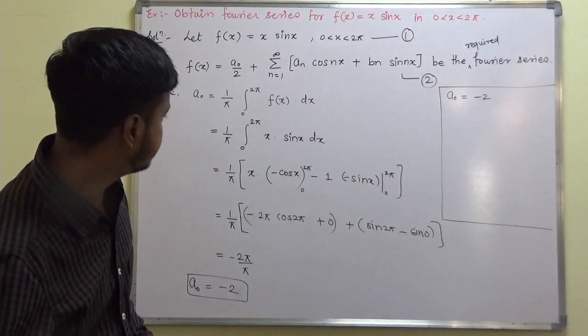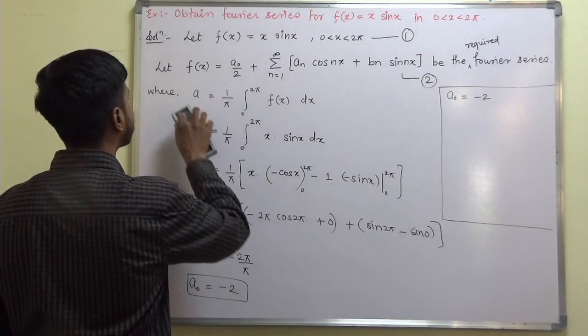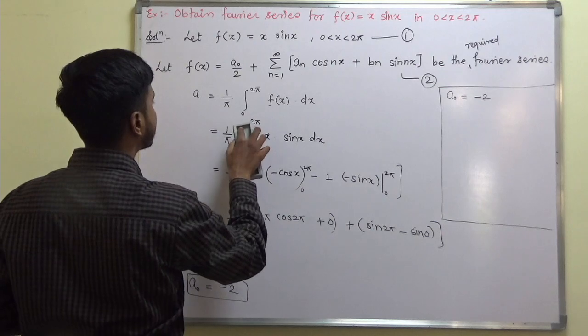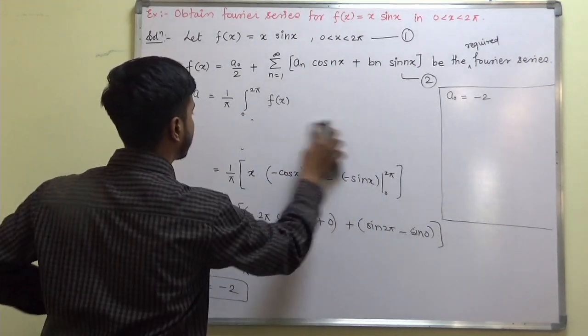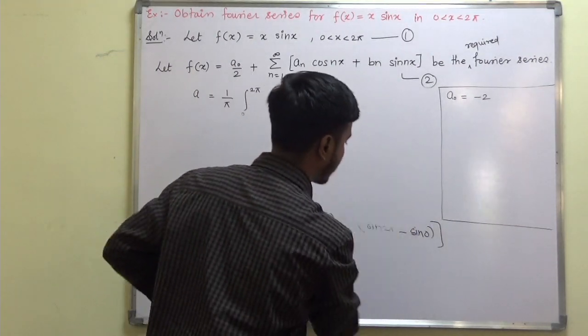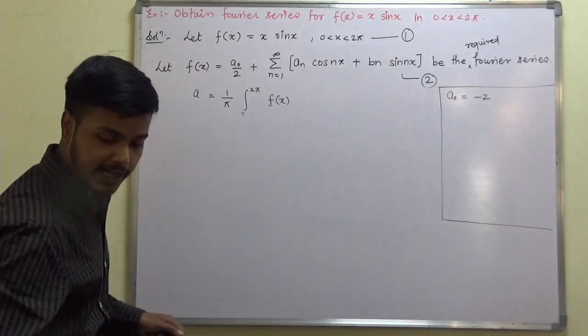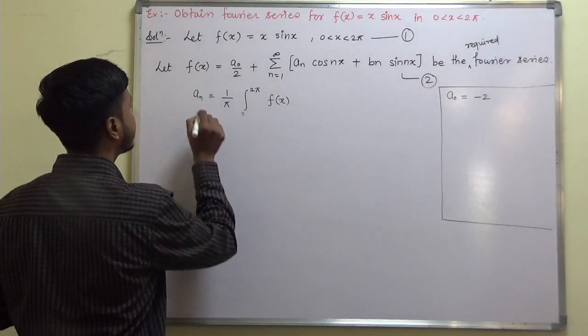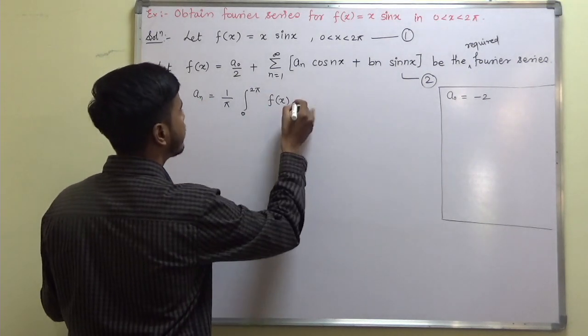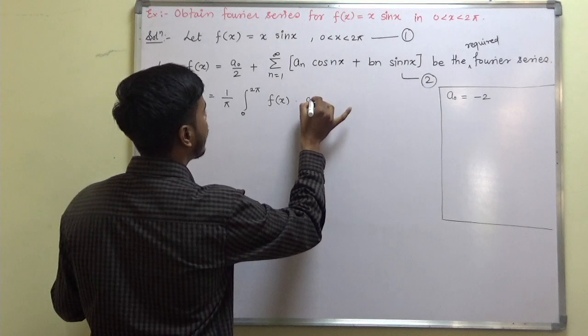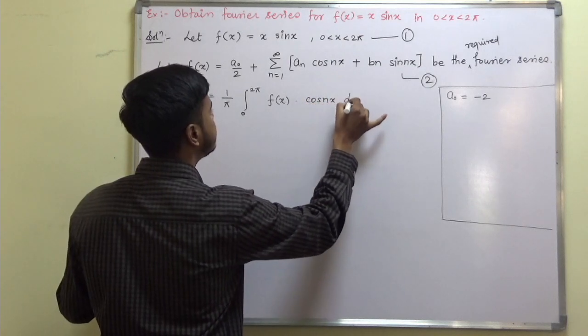What is an? Now let us find an. The formula for an is 1 by pi integral 0 to 2 pi f of x into cos nx dx.